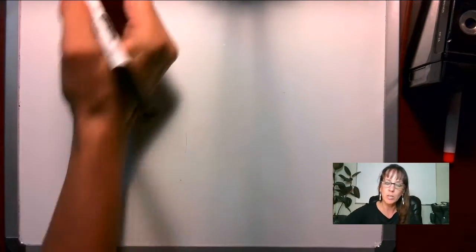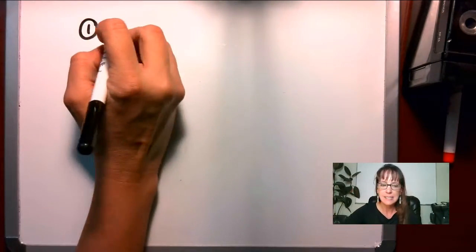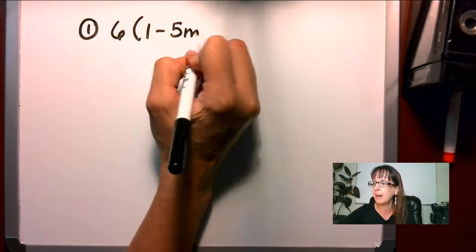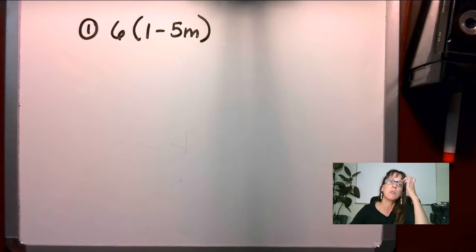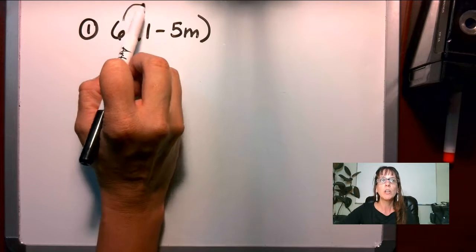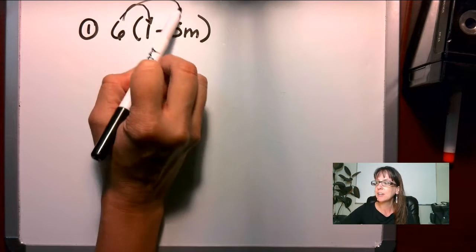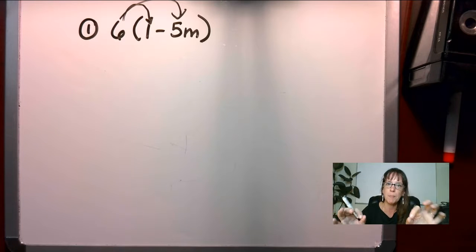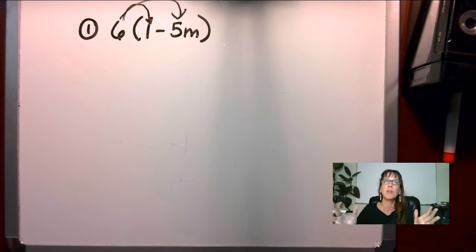So we're going to do number 1 together. It is 6 times the quantity 1 minus 5m. Now, the distributive property, I like to call it the rainbow property because we're going to draw some rainbows here. We're going to go here to here and here to here. The number 1 mistake I see on these is dropping your signs. So be very careful.